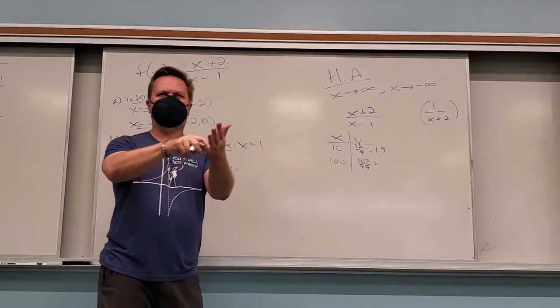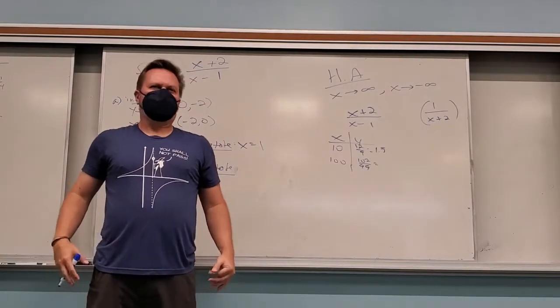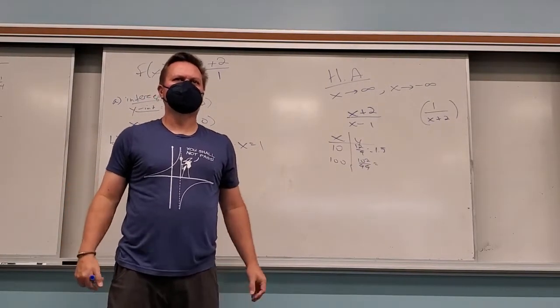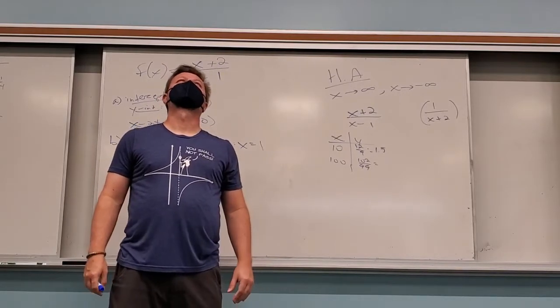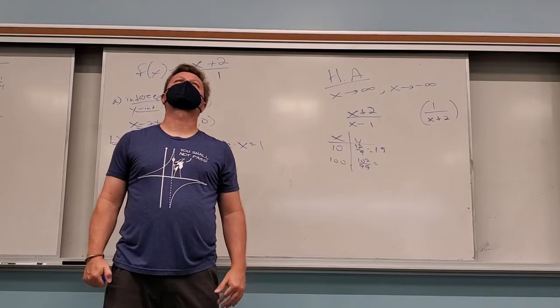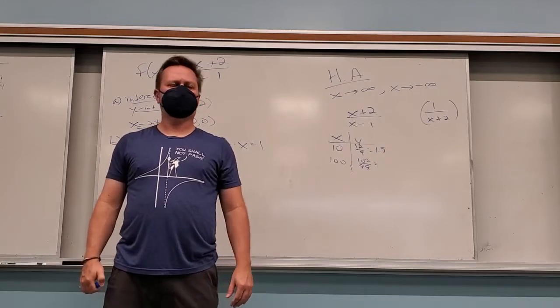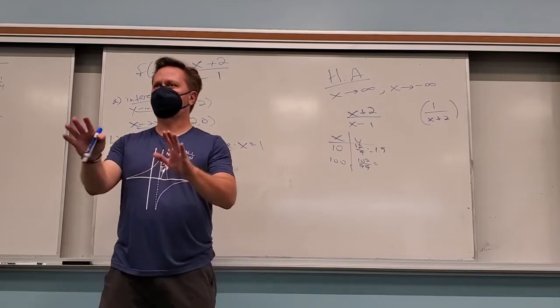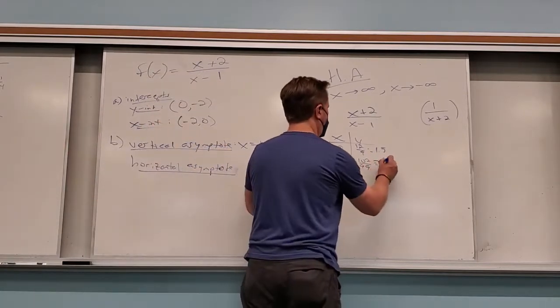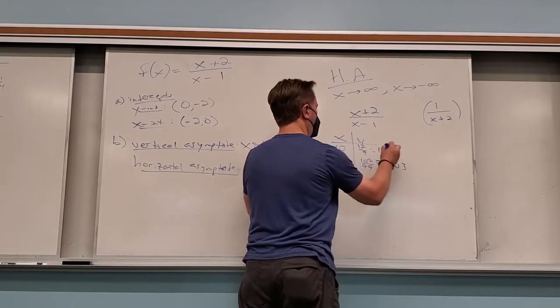What's 102 divided by 99? It's 1 point something, roughly 1.03. Is that right? Okay, it's roughly 1.03.